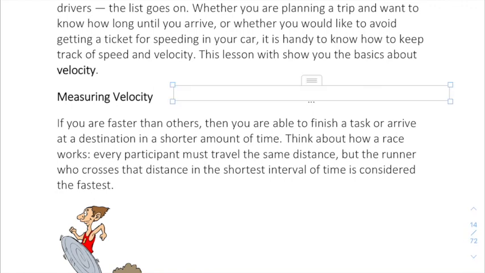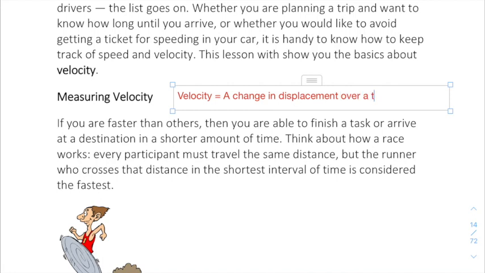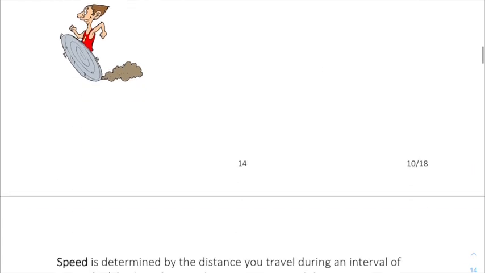You can read all this, but you've already covered it with Matthew. So remember, velocity equals a change in displacement over a time interval. That's why it's going to be a vector, because displacement is a vector, and the vector property is transferable.